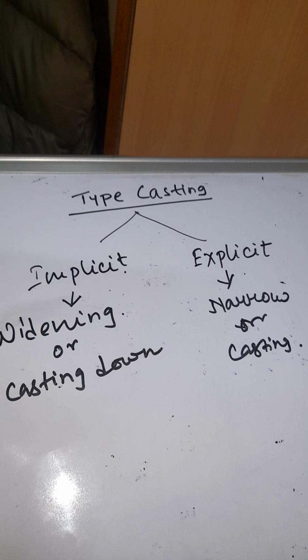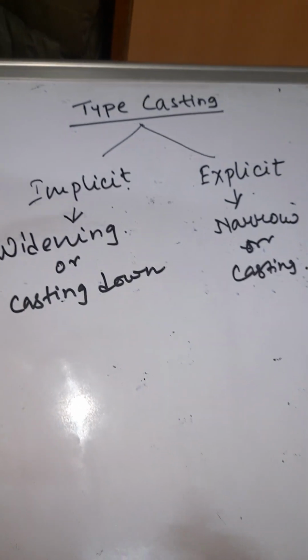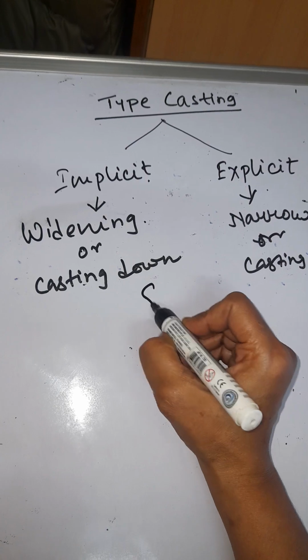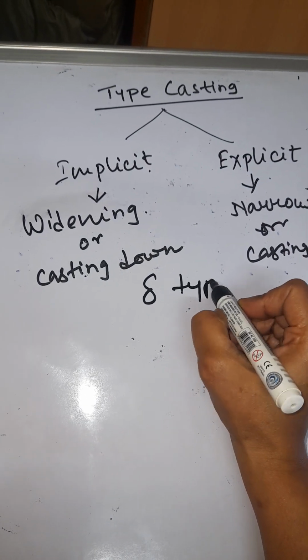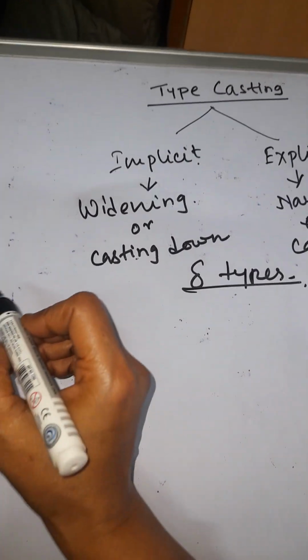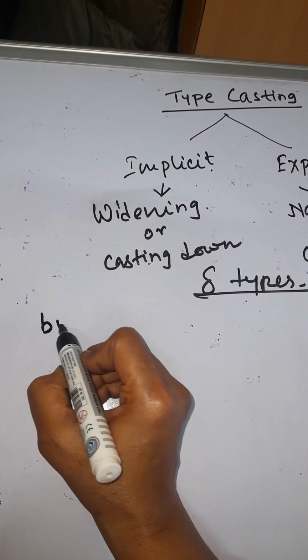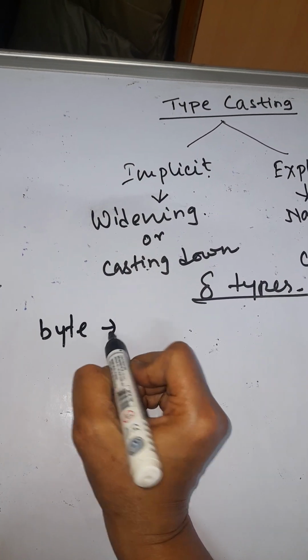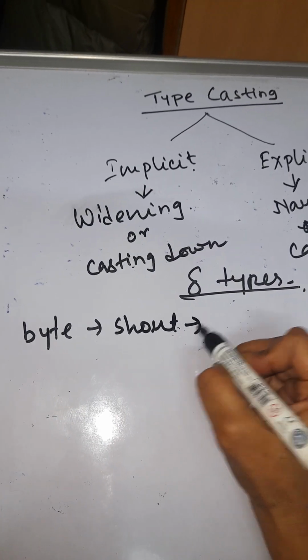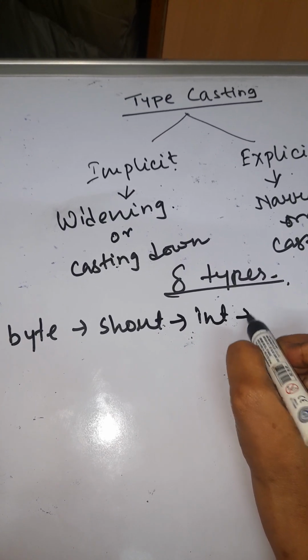First we have to recall the primitive data types. How many types are there? Already we know that there are 8 types of primitive data types. According to the size, first is byte, then short, then int, then long.